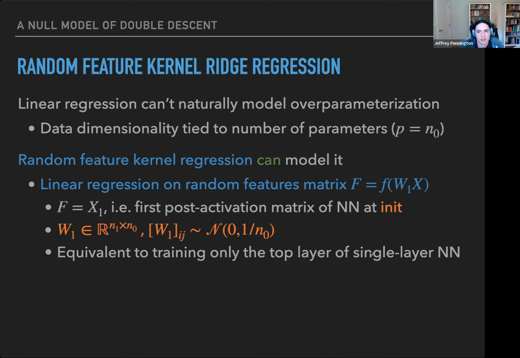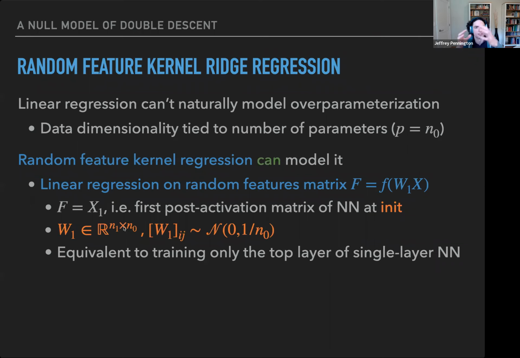So it has this connection to neural nets, and furthermore, it has this knob that we want, which would allow you to adjust the capacity of the model independently of the data distribution. So you can change the dimensionality of this random weight matrix W1. You can change N1 at will independently of the data distribution.